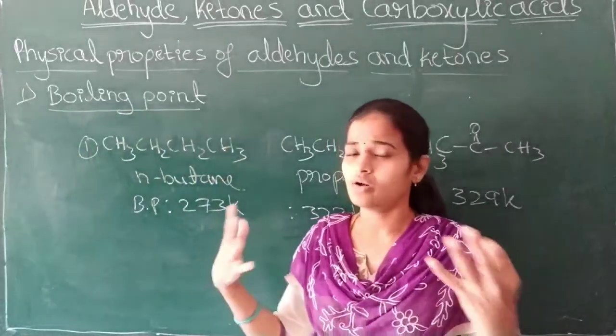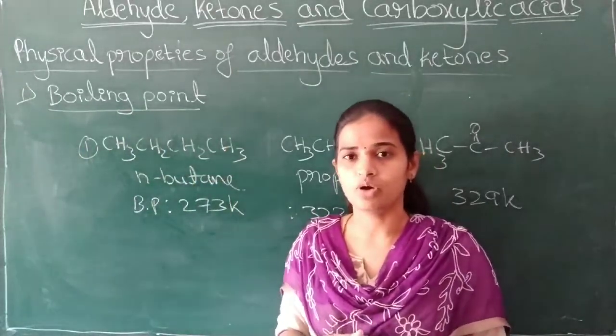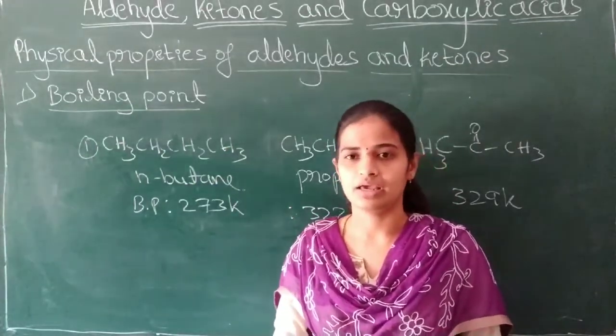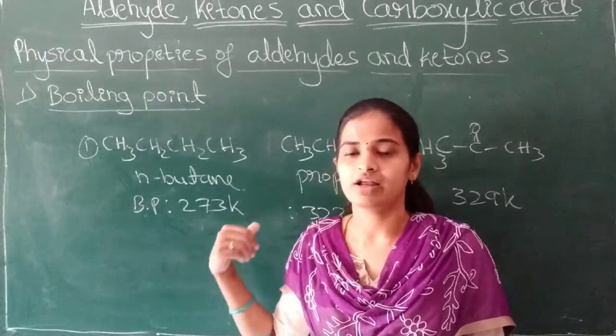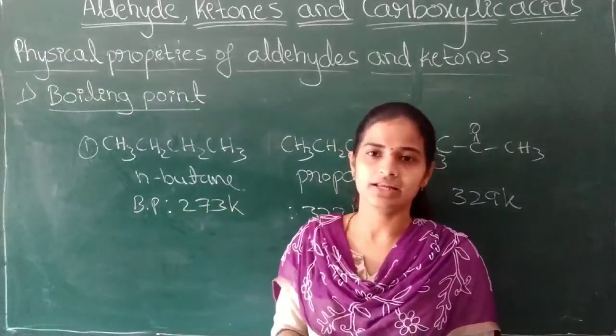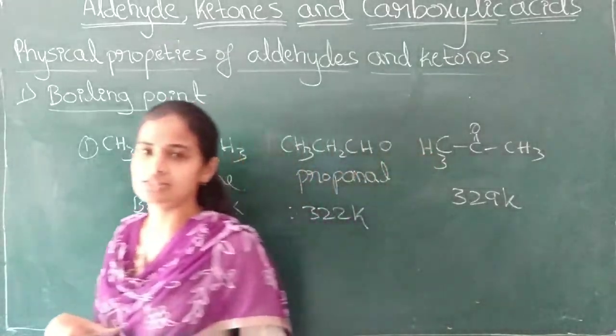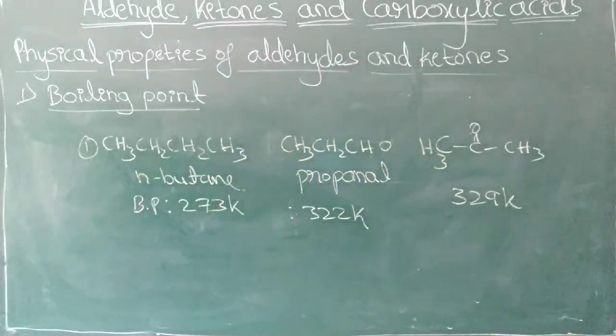But here they cannot form intermolecular hydrogen bonding from one molecule of aldehyde to another molecule of aldehyde. Therefore, they have the lower boiling point compared to the alcohols. This is regarding the boiling point.